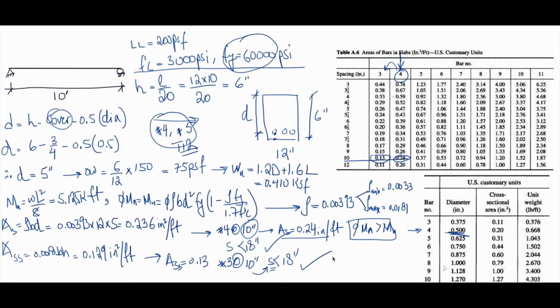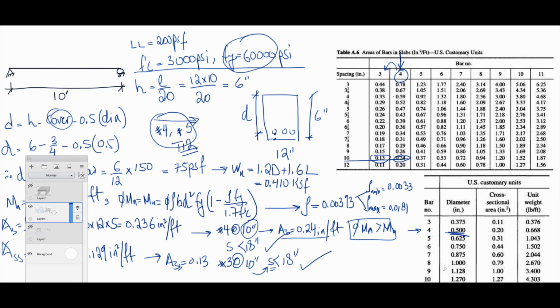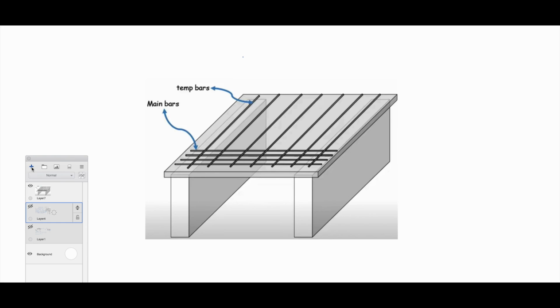Right, we finished designing. So what does that mean? I'm going to take you to the next slide to show you how the one-way slab reinforcement works. So this is it. What I'm showing you here is something really important.